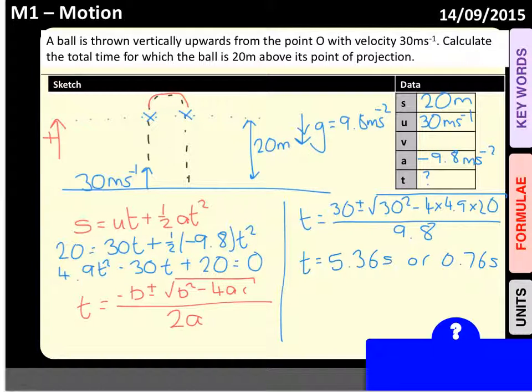We're asked to find the total time for which it's above 20 meters, so the total time is going to be equal to the difference between these two, 5.36 minus 0.76, which is equal to 4.60 seconds. And there we are.